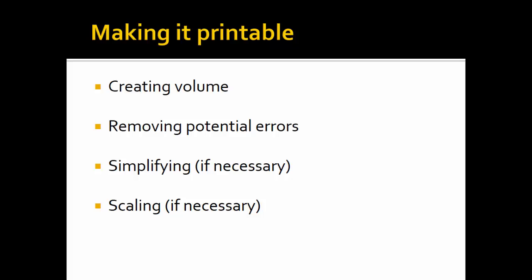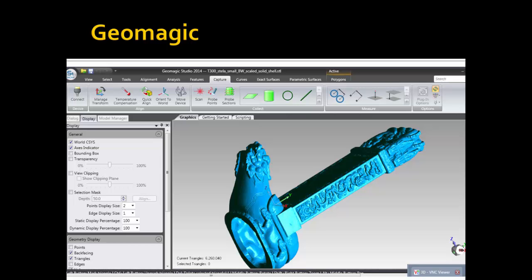So here's an example of one of our recent projects, a printing project. We scanned this incredible monument, the Chinese Harvard Tercentenary Stele, several years ago, and here's a file in Geomagic that is prepared for printing. So not only is it completely sealed, it is a shell. We created thickness.